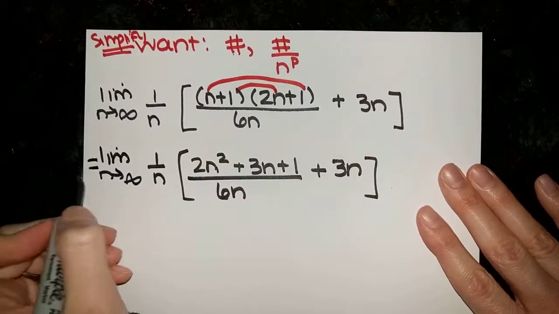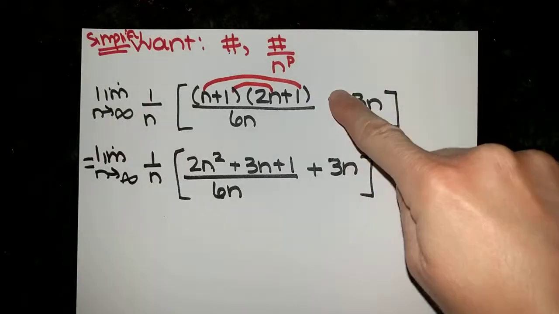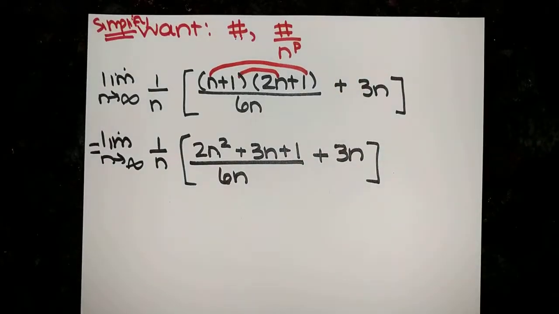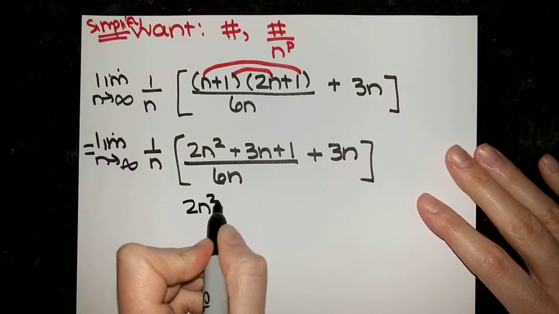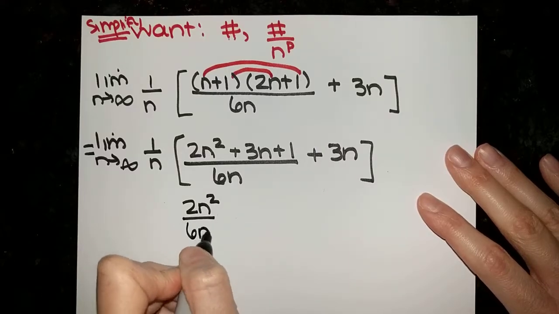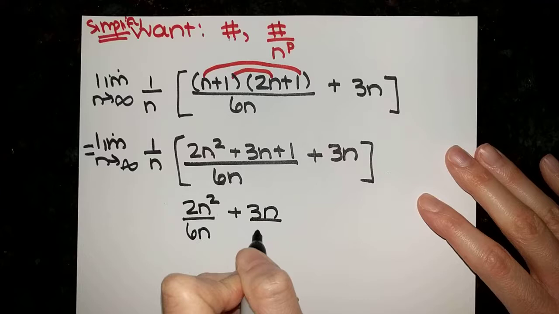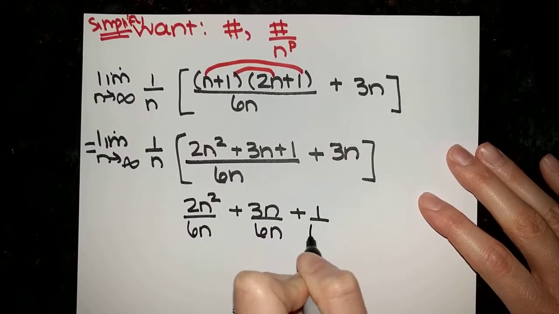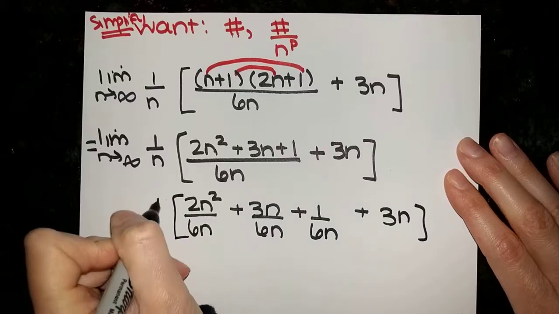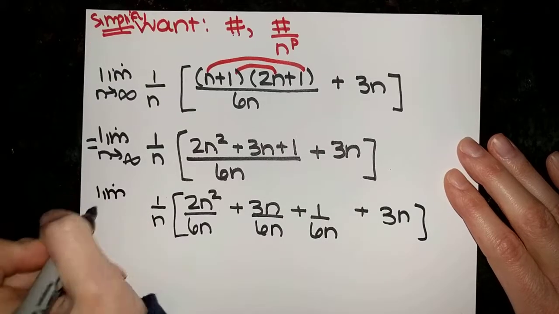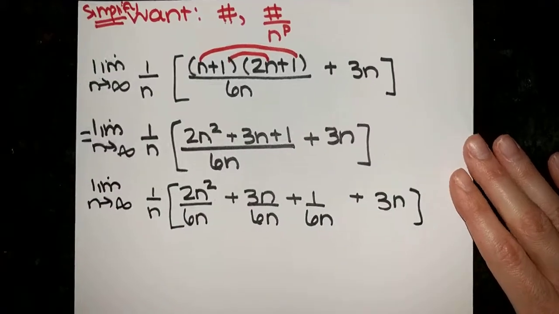All right. Now, we want to have, again, a number over n to a power p. So we want a bunch of little terms that look like that. So what I'm going to do is split this up as 2n squared over 6n plus 3n over 6n plus 1 over 6n plus 3n. Then that's multiplied by 1 over n. All right, so then I simplify.